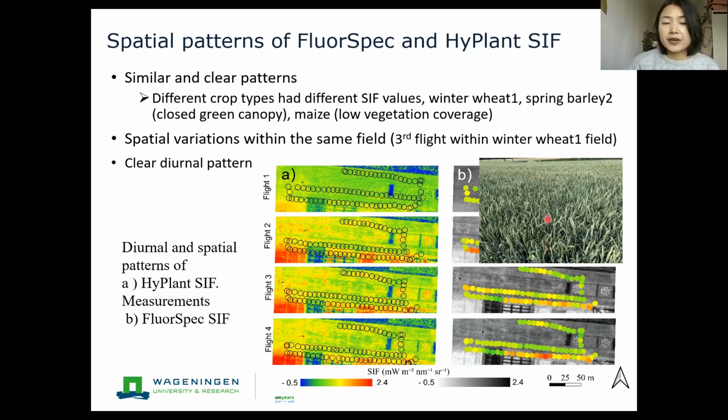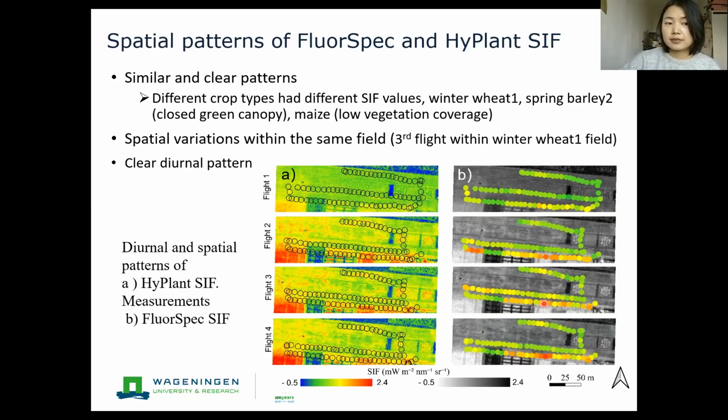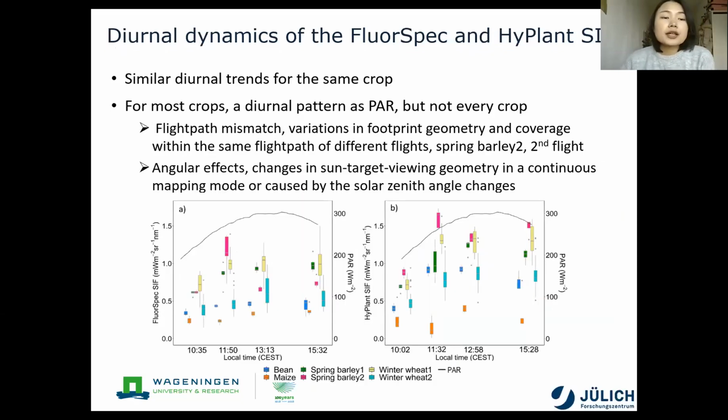So this figure shows the winter wheat 1 field. This is a maize field. For the diurnal dynamics of both systems' SIF, we can see for the same crop the diurnal trend is similar.